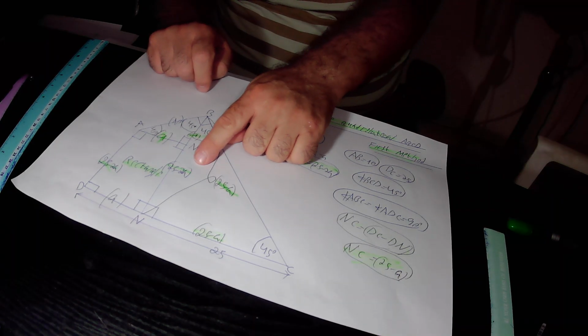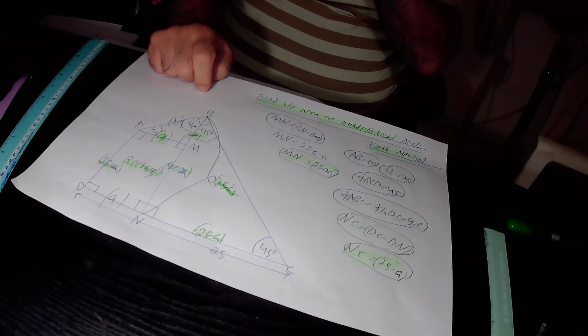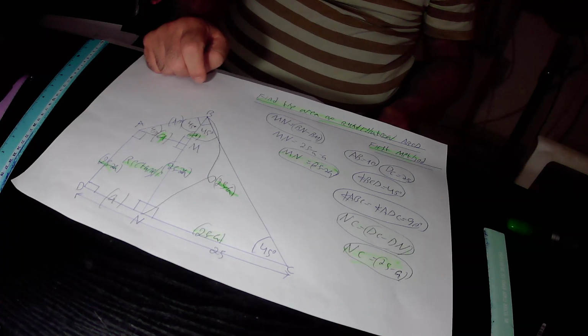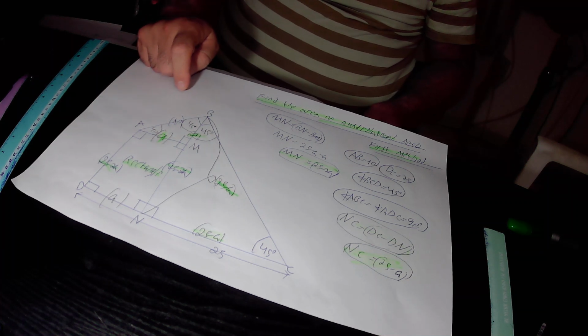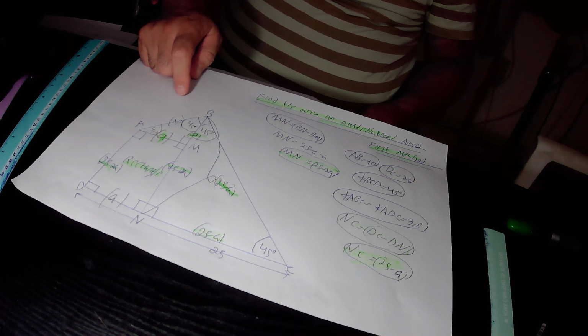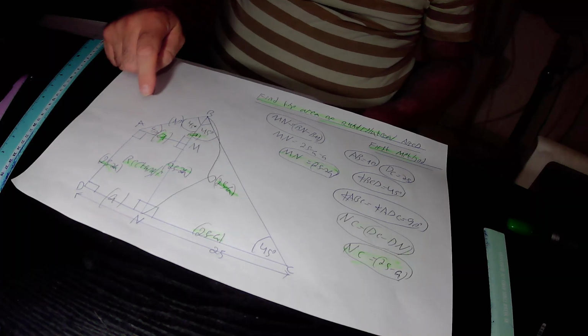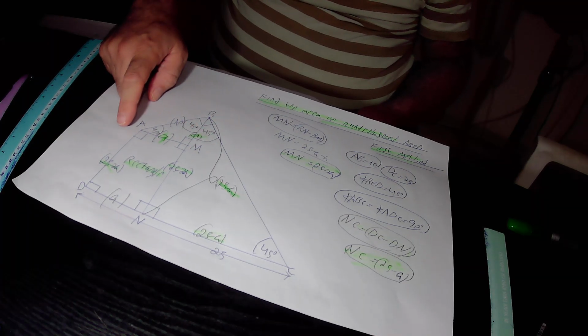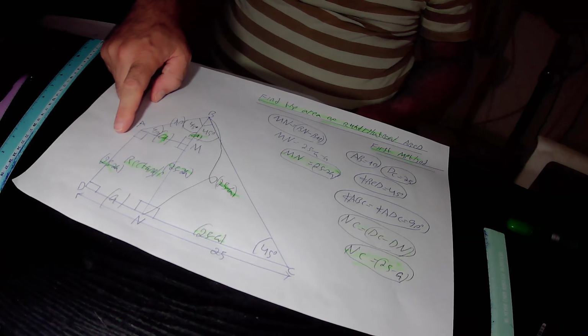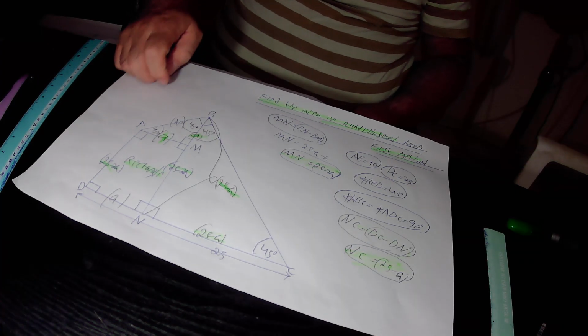MN equals 25 minus 2a. So in the rectangle AMND, the opposite sides are equal to each other. That is to say, side MN must be equal to the opposite side AD, but MN is 25 minus 2a, therefore AD must also be equal to 25 minus 2a units in its length.